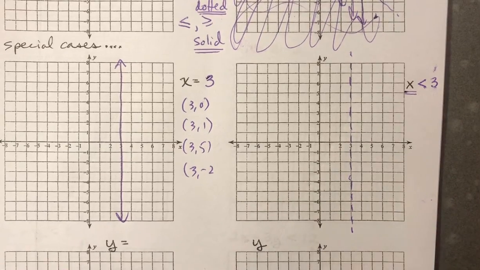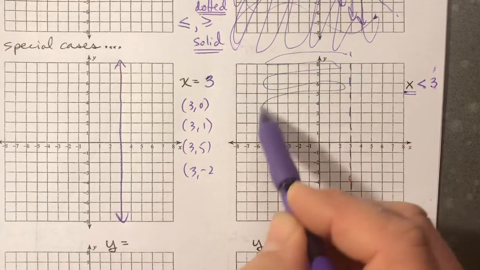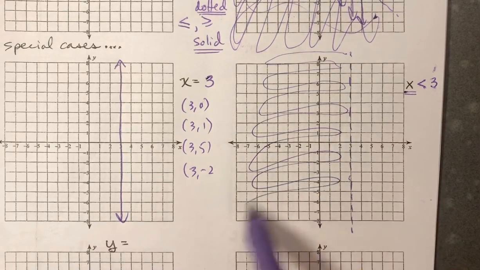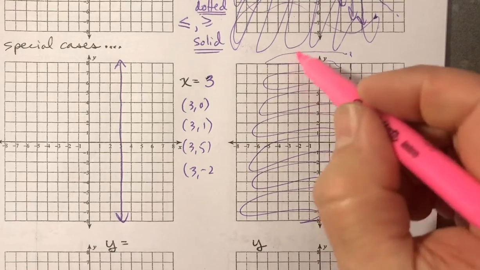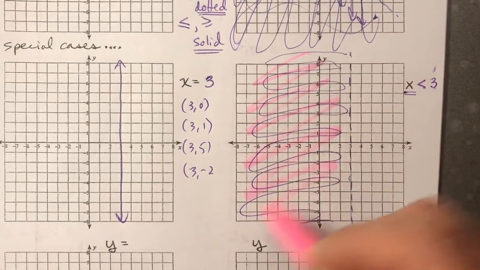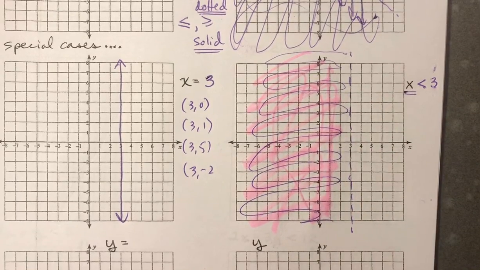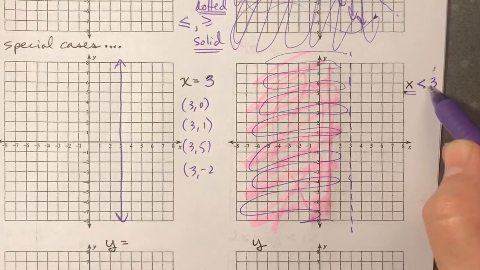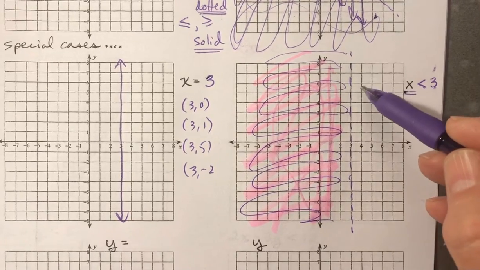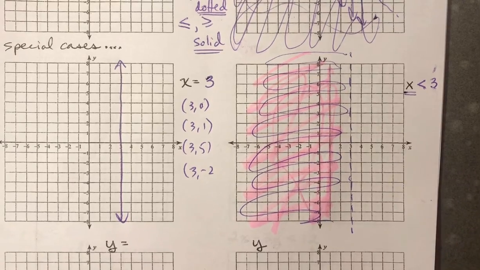So what we get then is all points to the left of that vertical line. And it would be everything shaded to the left. I'll take my highlighter here. Everything to the left. Now, if this would have been x is greater than 3, then it would have been shaded everything to the right.